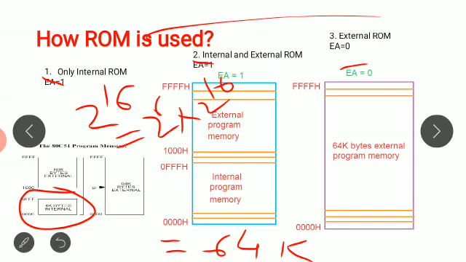Okay, you must be wondering why, now that we have ROM memories of the order of gigabytes, I'm talking about only 4 kilobytes. How can it be sufficient? You see, microcontrollers are application specific.